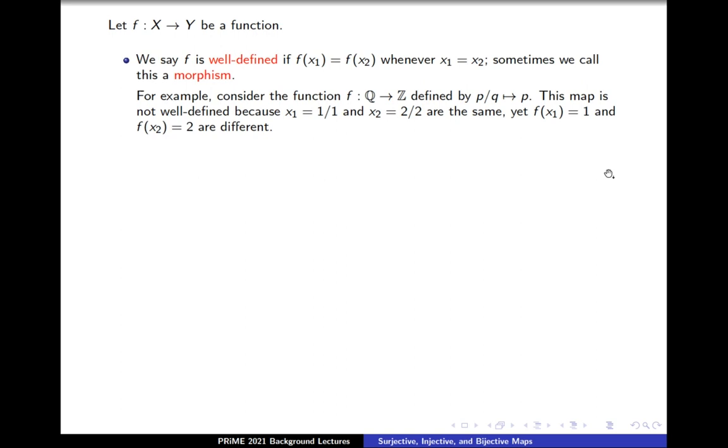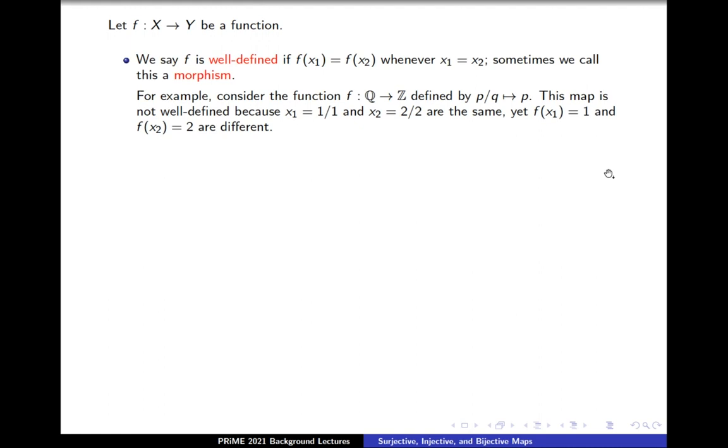This map is not well defined because, for instance, if we take x1 is the rational number written 1 over 1, and x sub 2 is the rational number 2 over 2. Of course, these are the same rational number, yet according to our definition, f of x sub 1 is the numerator of x sub 1, which is 1, and f of x sub 2 is the numerator of x sub 2, which is 2.